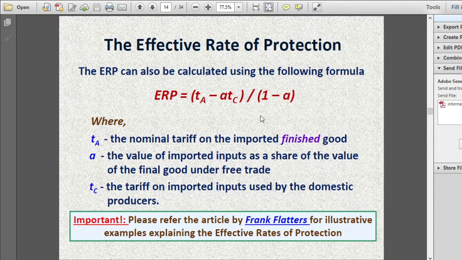So what is important for this is for you to refer to Frankfurter's article for an illustration regarding the effective rate of protection. Later, ibibigay ko yung example.